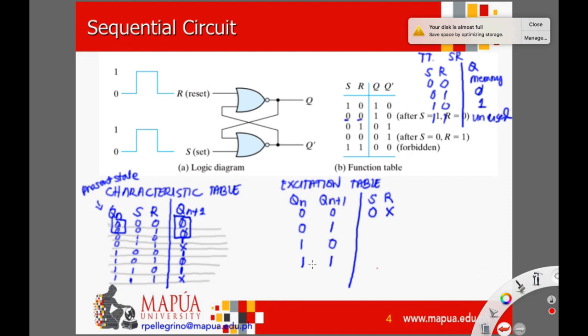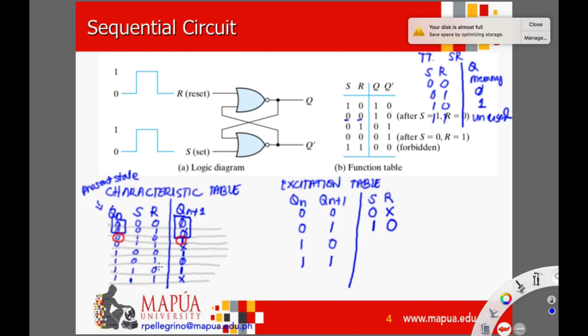On the other one, present state 0 and next state is 1. What will be our excitation table? That will be S equal to 1 and R equal to 0.